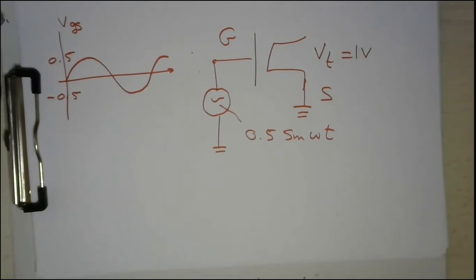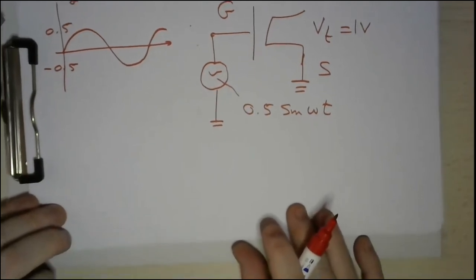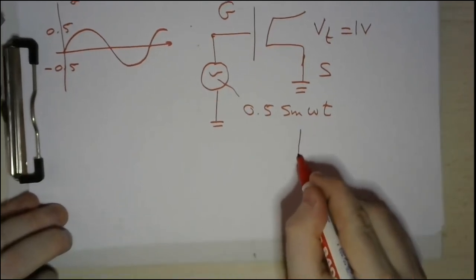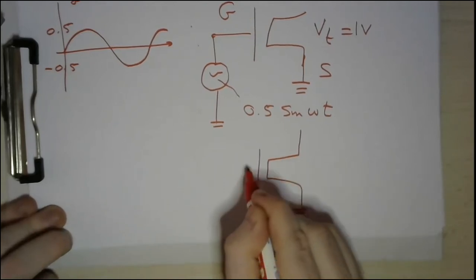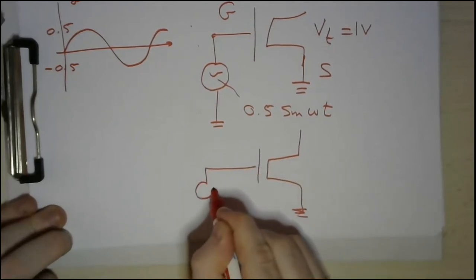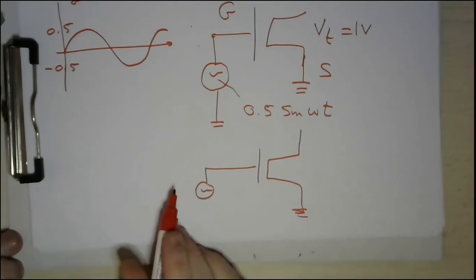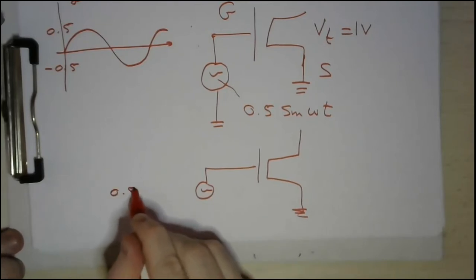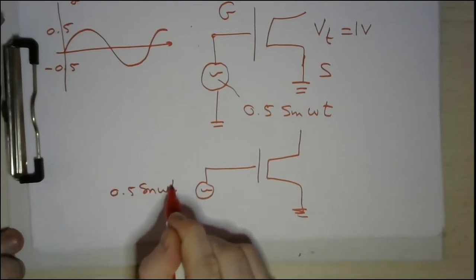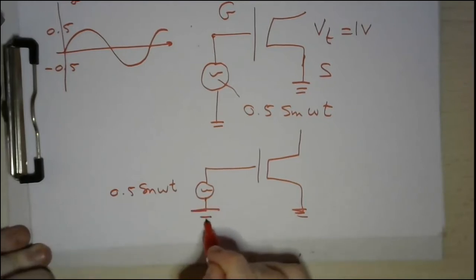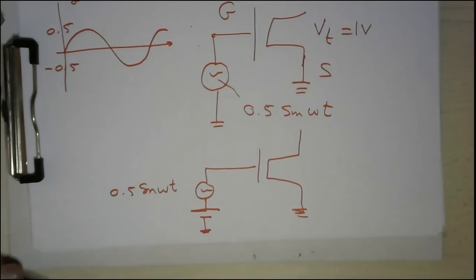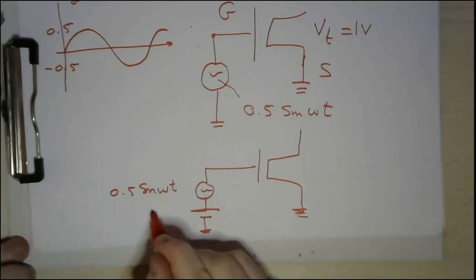Very simple. The same MOSFET. Again, the source is grounded. Here you have your AC source, which is still 0.5 sine omega t, but it's now series connected to a DC source of, for example, 2 volts.